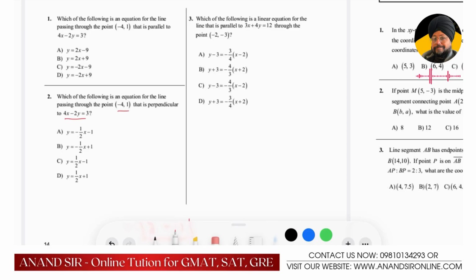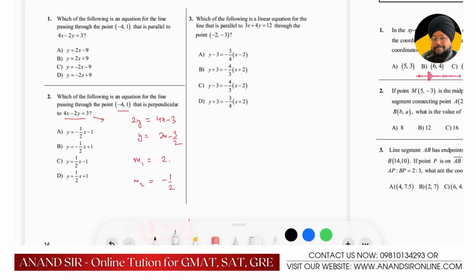What is the perpendicular condition? Yes, the product of the slopes is -1. So here the slope of this line, as we already found out, that 2y is equal to 4x minus 3. So y is equal to 2x minus 3 by 2. So m1 here is equals to 2. So m2 will be negative reciprocal, that is -1 by 2.